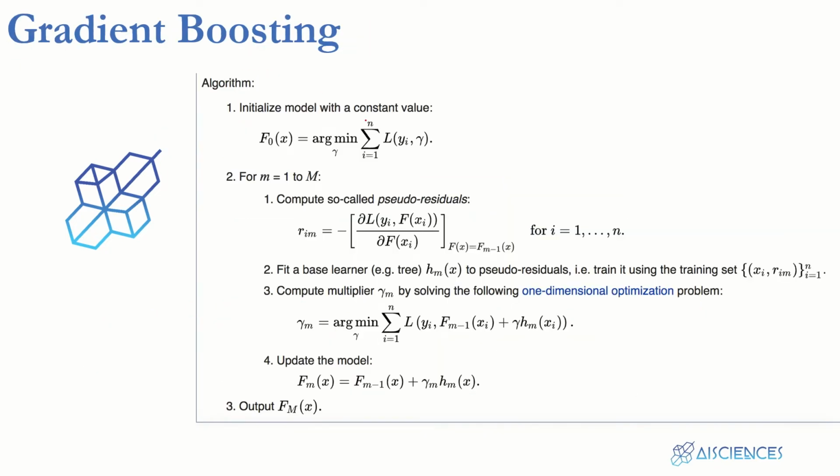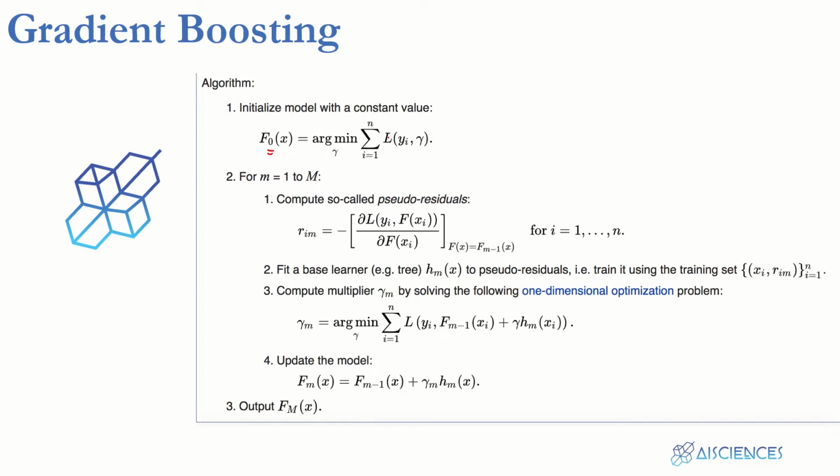So in gradient boosting, what we really do is we pick different models in a sequence. The sequence is generally adopted in a way that at the very first step you have to initialize your model.